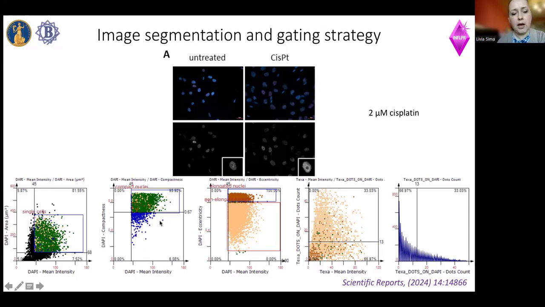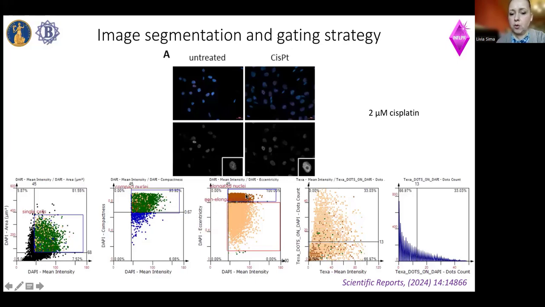This parameter helps us to remove from the analyzed events those that represent a fraction of nuclei or artifacts. So we have here only intact nuclear shaped events that go towards the next step of the analysis.